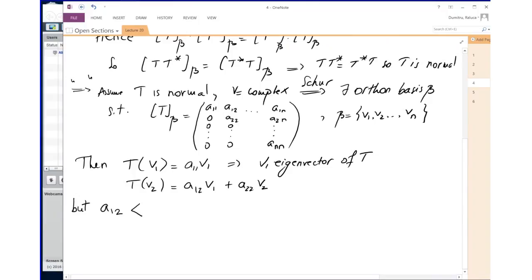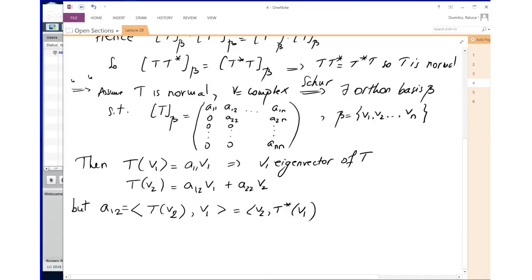However, to find an exact, precise entry in the matrix, all you have to do is an inner product. To find A12, you have to do the inner product between T of V2 and V1, right? But this is the same as the inner product between V2 and T star of V1. All right, but T was normal, right?